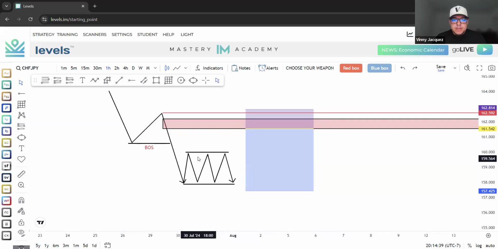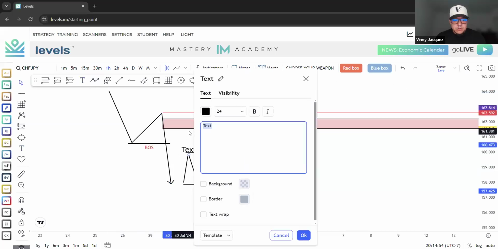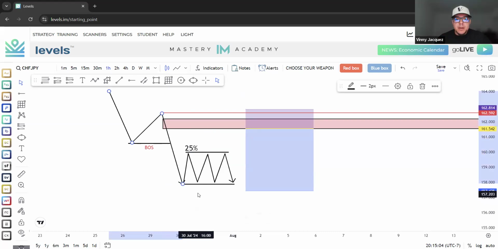Consolidation, guys, this consolidation is 25% of the setup. I'm going to move this over here because I want to write a little bit. The consolidation is 25% of this setup.